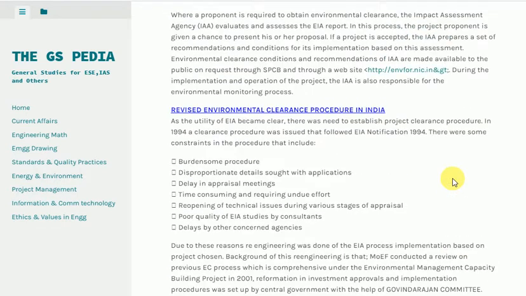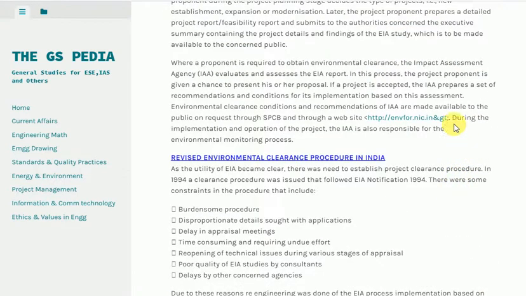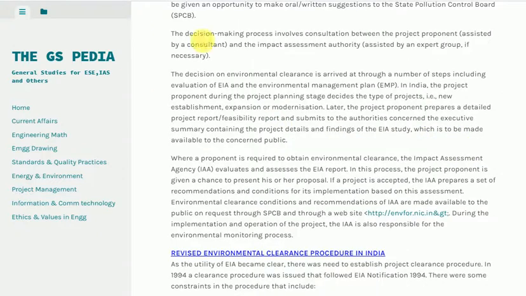During the implementation and operation of the project, the ESE is also responsible for the environmental monitoring process.